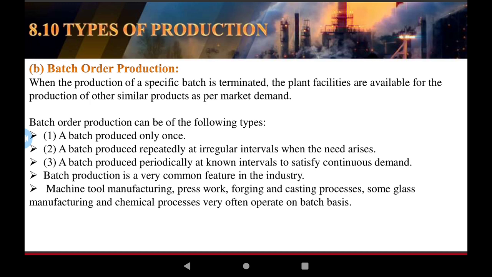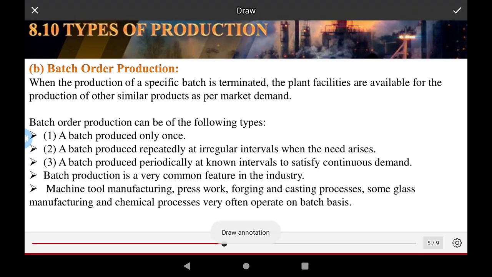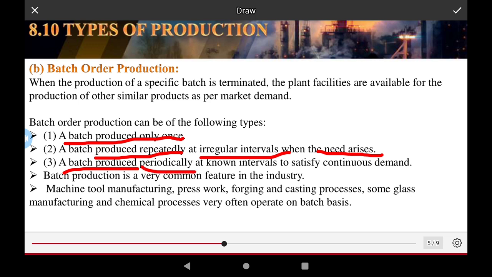Batch order production can be followed by a batch product only once, a batch product repeatedly at irregular intervals when the need arises, or a batch product periodically at known intervals to satisfy continuous demand.